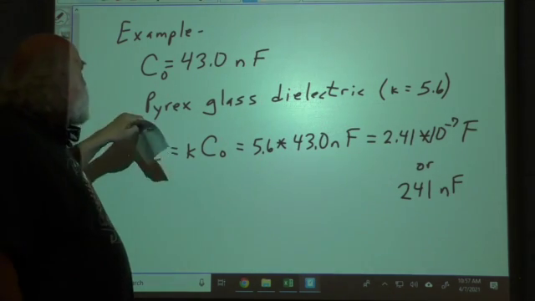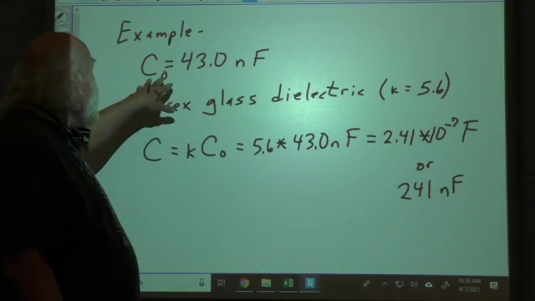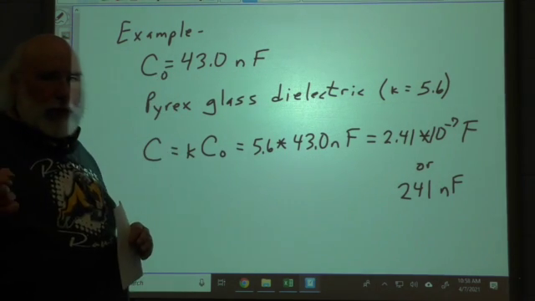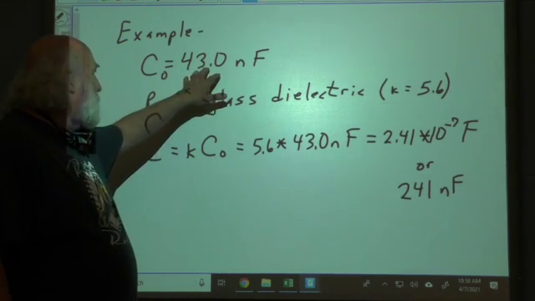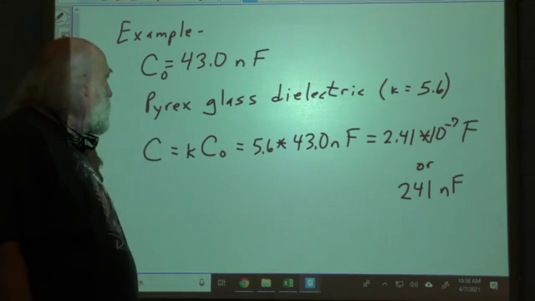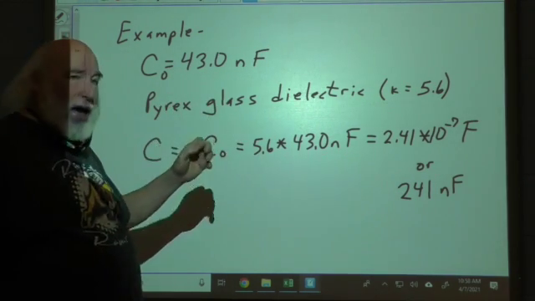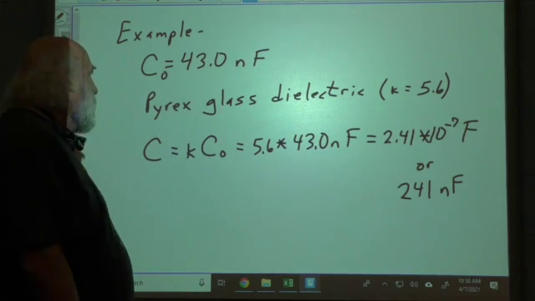So let's take the example I put on your script for you. The original capacitance, before they put the dielectric in it, of this particular capacitor is 43 nanofarads. Then they decided to put in Pyrex glass, a little sliver of Pyrex glass that's going to fit neatly between the two plates.